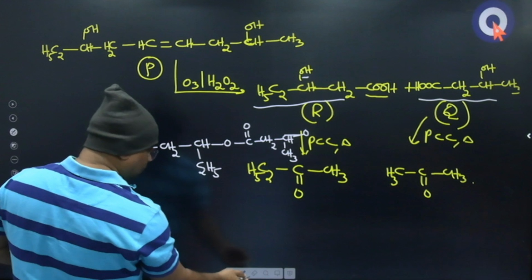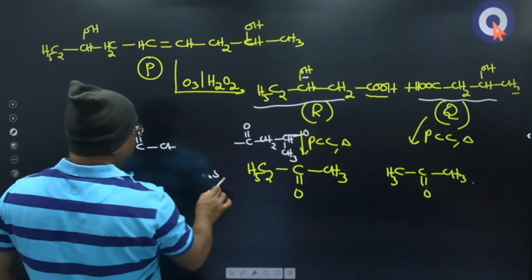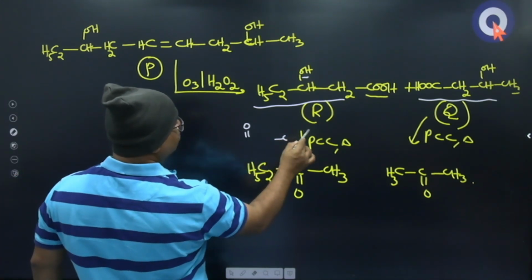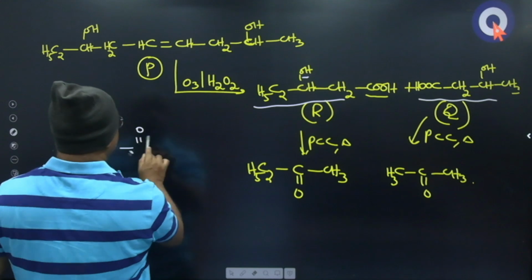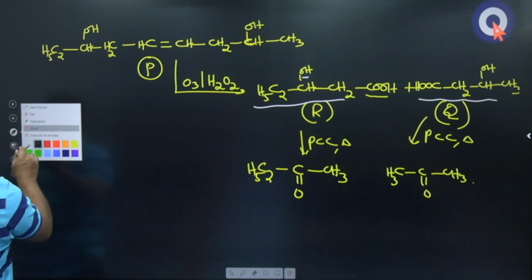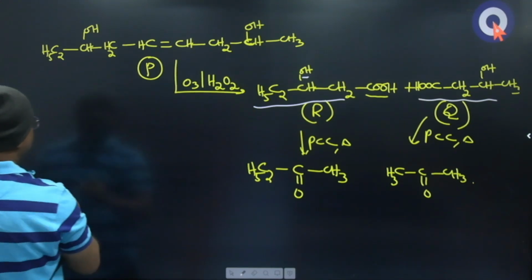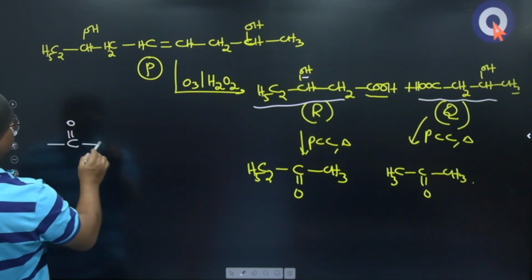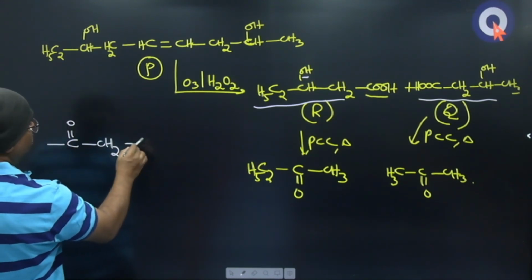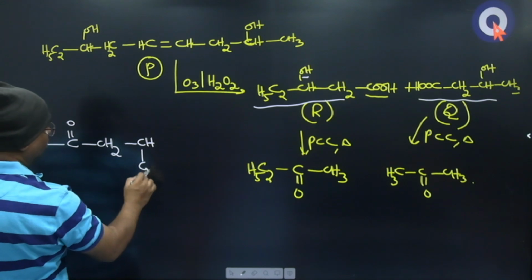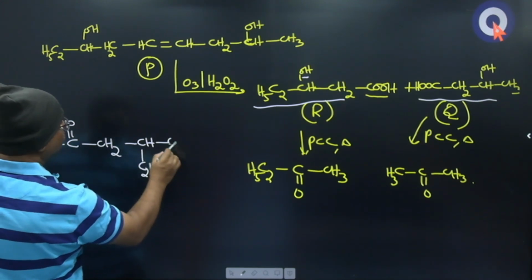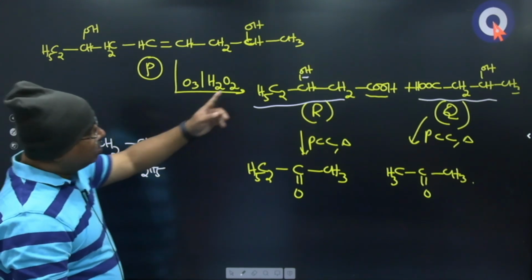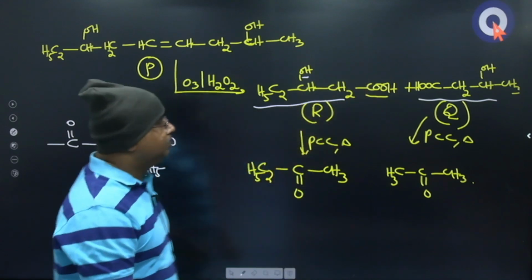So let us write all this a little bit away from here. What is the first one we are writing for this? C double bond O of this, CH2, CH, C2H5, O. Its alcohol group is reacting with the acid of this.